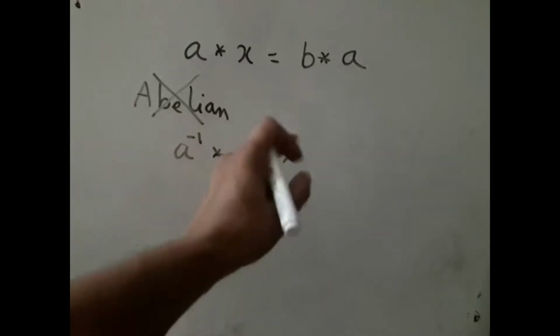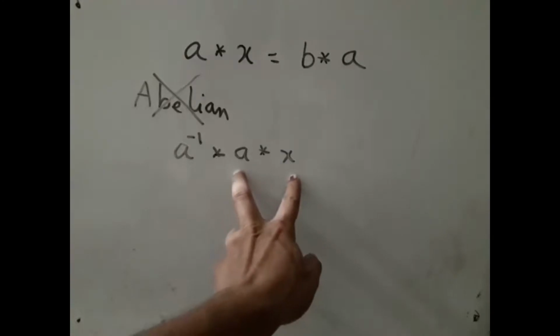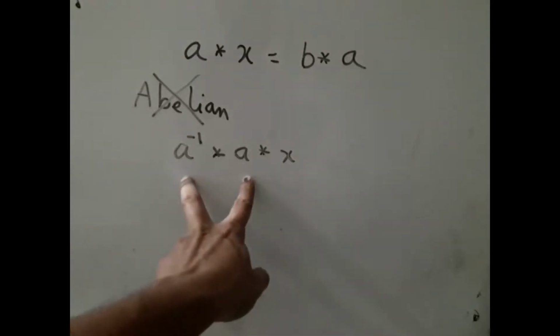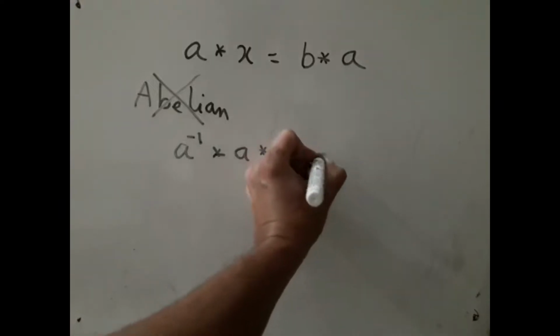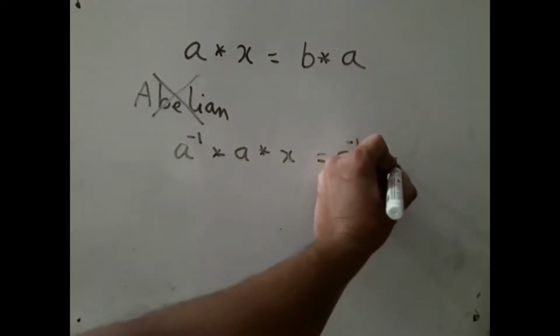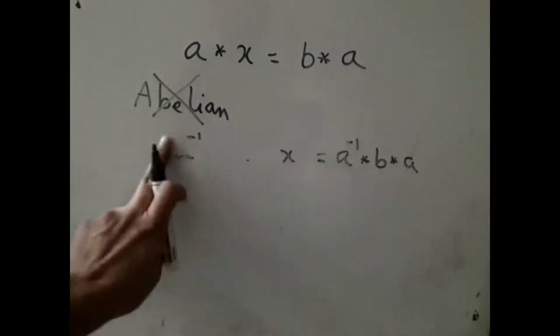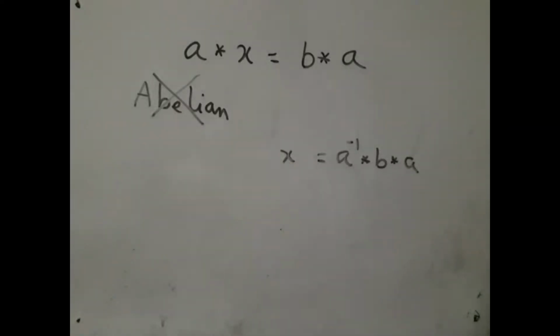I am not putting the parentheses anymore because I know that initially the parentheses were around these and then by associativity I will bring them around this. So it doesn't matter how you are putting the parentheses. So I am not writing them at all, and that will be a inverse star b star a. So this is just identity, forget about it. So x is equal to a inverse b a.